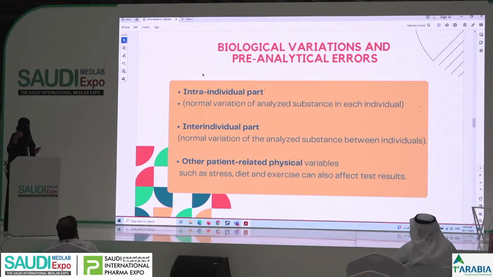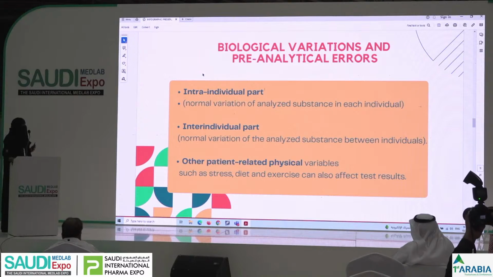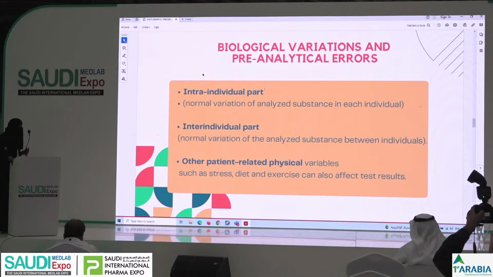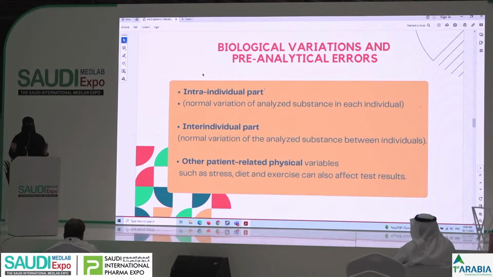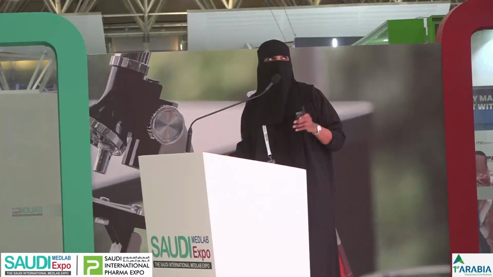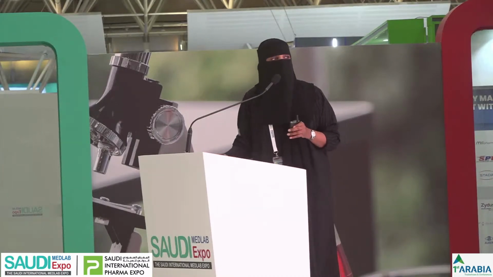So the accuracy of the result released by the lab can be affected by personal or individual differences between patients. Sometimes patients, all of them within the normal range, all of them male, all of them the same age, still have varied results because of these biological variations.